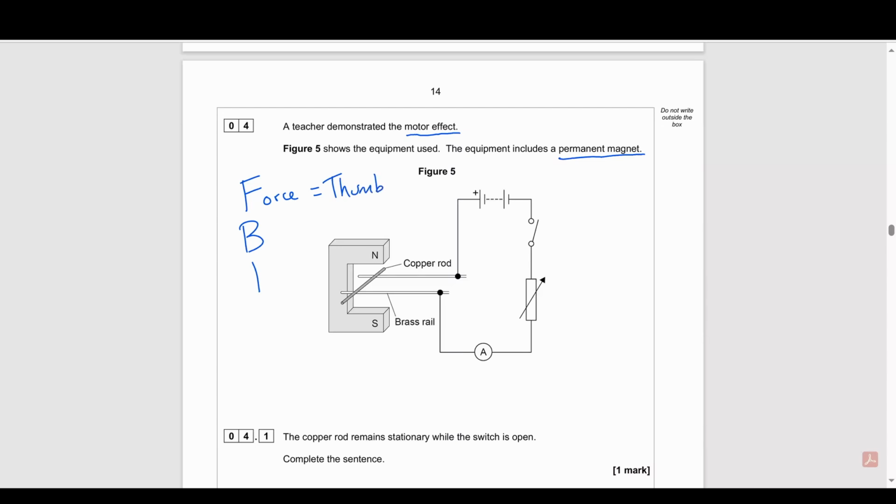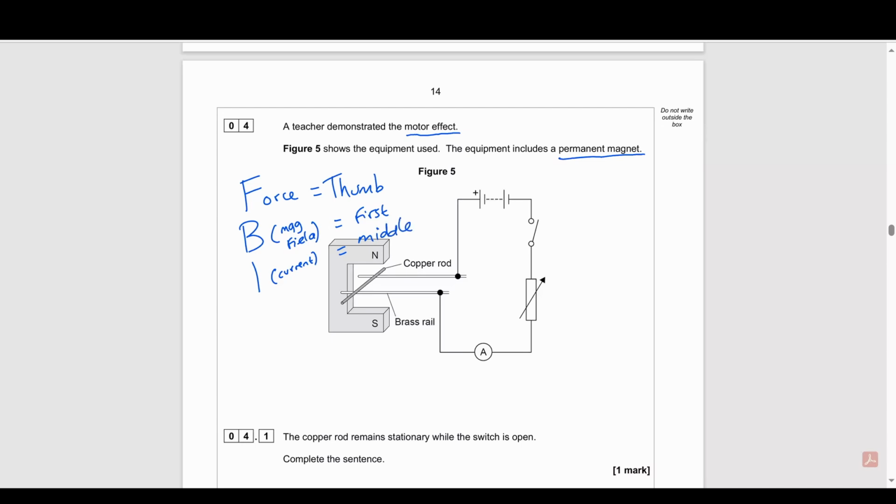B is the magnetic field, and that's represented by our first finger. And I is the current, and that's represented by our middle finger.